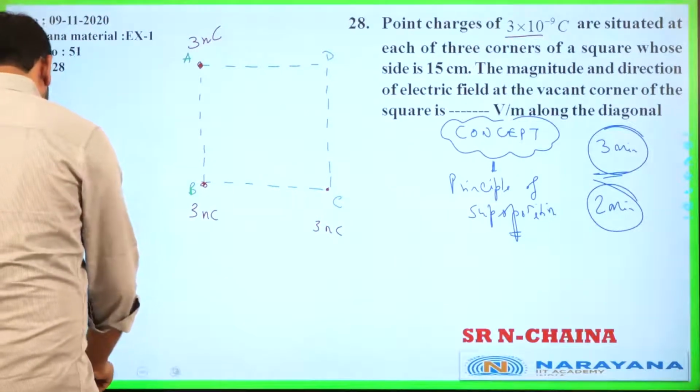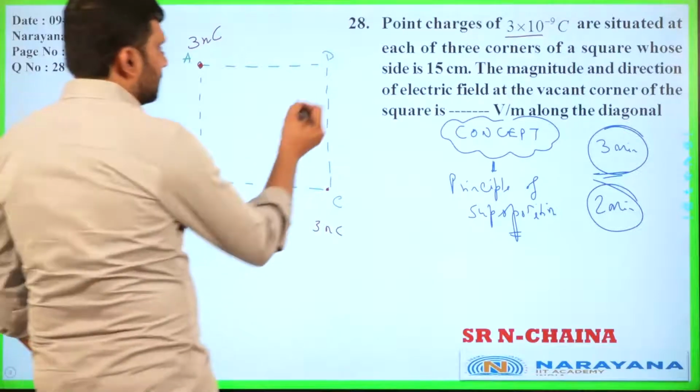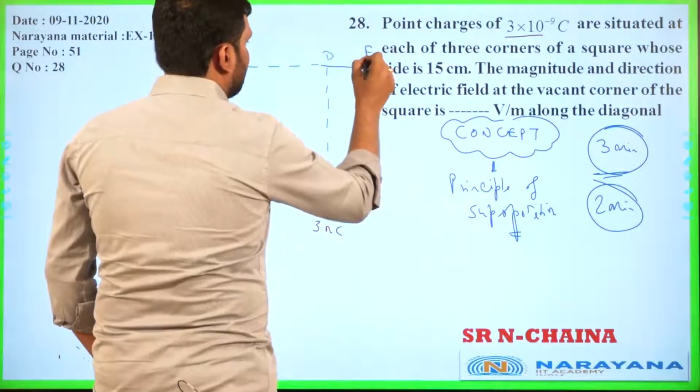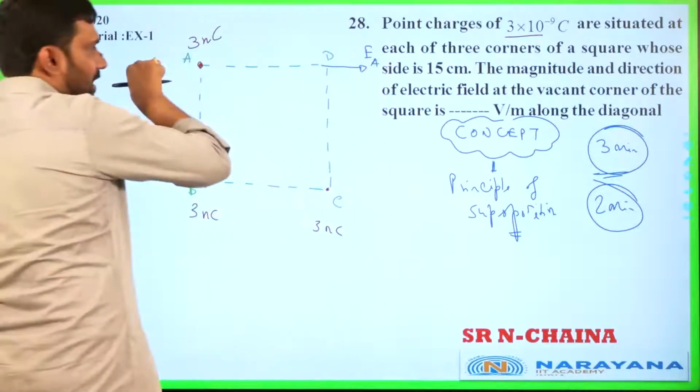How will I do? At point D, this is the direction of E due to A, radially outward.